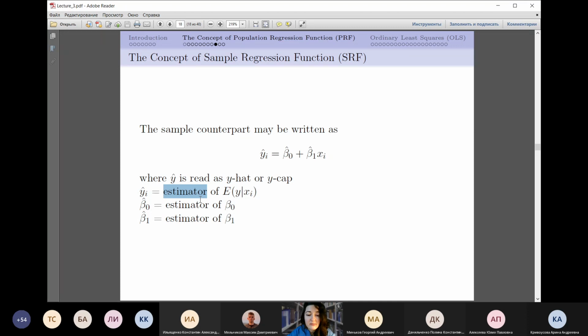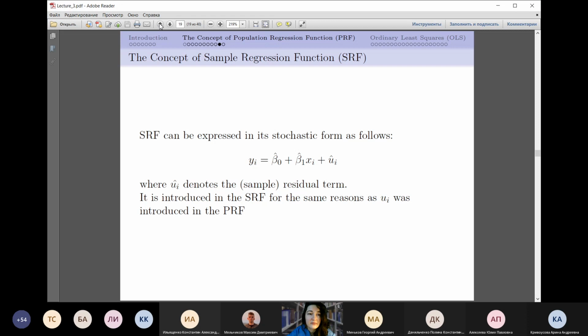And when we obtain some particular numerical value using this estimator, we call this an estimate. So this is the difference between the two definitions. Please use the definitions correctly, properly.